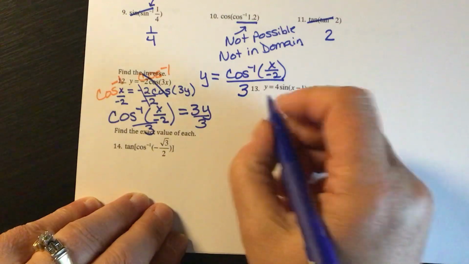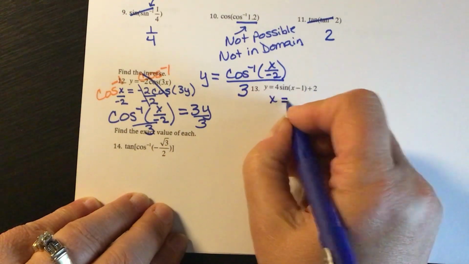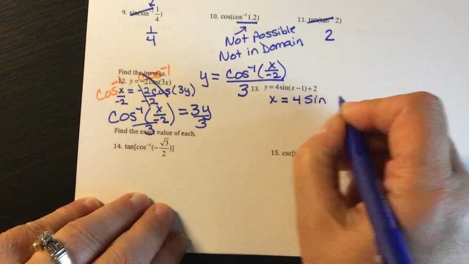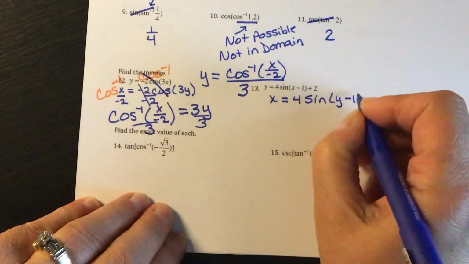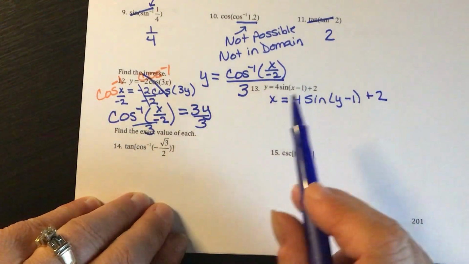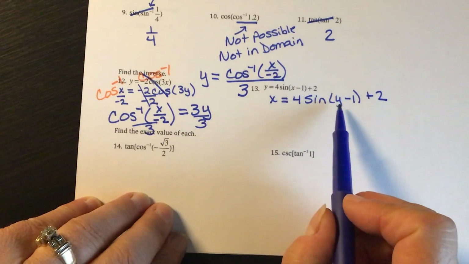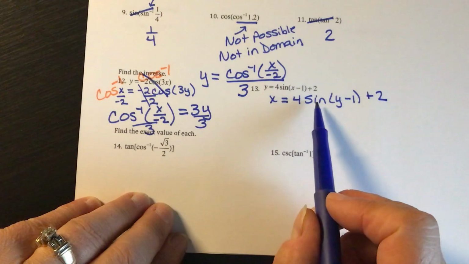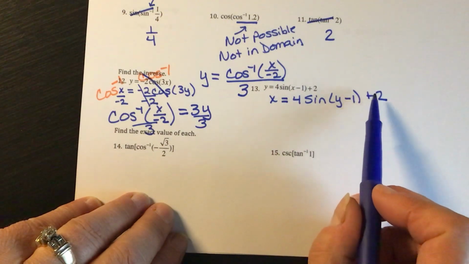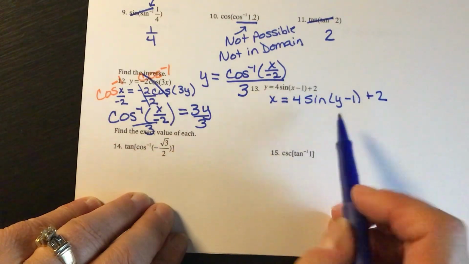Number 13, I will replace x and y's with the other value. Okay, so I'm working backwards in terms of order of operations. So if I plug something in here, I do the sine, I multiply by 4, then I add 2. When I'm solving for y, I have to undo all these operations.